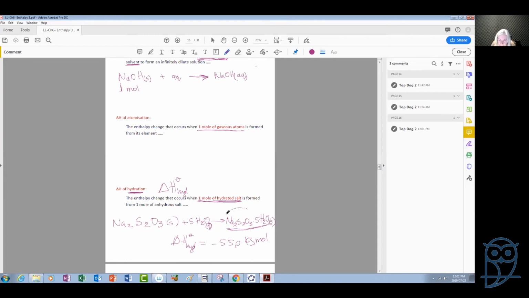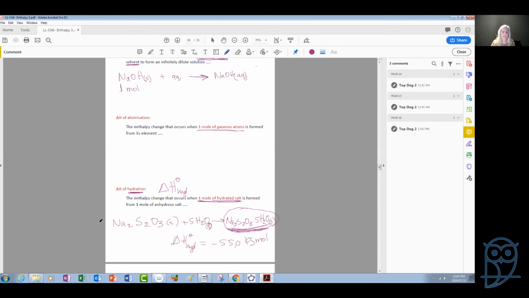This is the hydrated salt that is formed, and this is the 1 mole they're talking about. So values for standard enthalpy changes of hydration correspond to the formation of 1 mole of hydrated salt. So we must be very careful that here we have 1 mole. If we have other coefficients here, we need to convert as necessary in the problem.